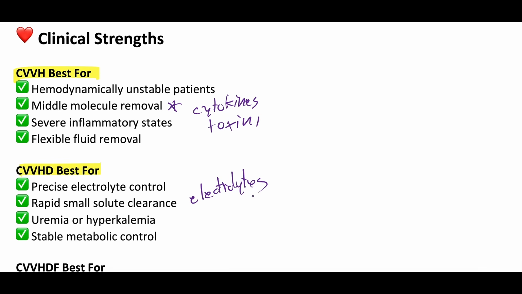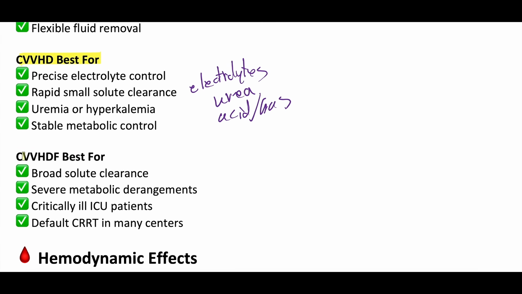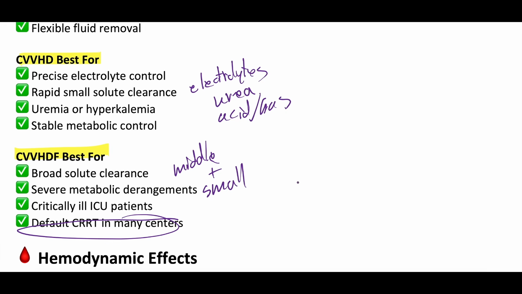Urea, creatinine, all that good stuff, acid-base stuff. And then CVVHDF is a combination of the two. So it's best for broad solute clearance. You want both middle and small molecule clearance. CVVHDF is going to be the best for that. It's often the default CRRT modality in many centers, just because it's the best of both worlds. So many centers use this as a default.